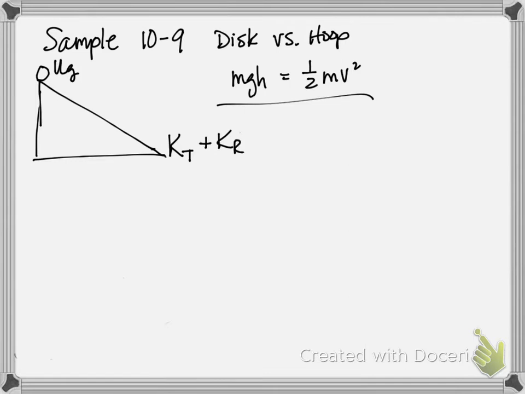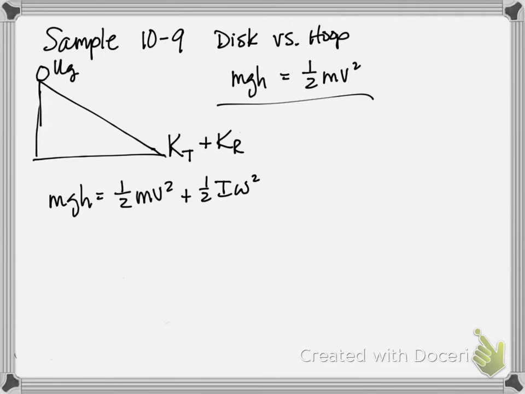Okay, so instead of mgh equals 1/2 mv squared, I've got to write mgh equals 1/2 mv squared, and that is for the center of mass, plus 1/2 I omega squared. Because as we saw in the Frisbee example, we got to spend some energy getting it to rotate. So it's not going to be moving as fast as if it weren't rotating. So here's our conservation of energy statement.